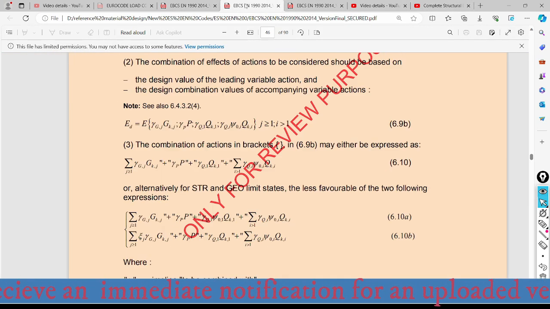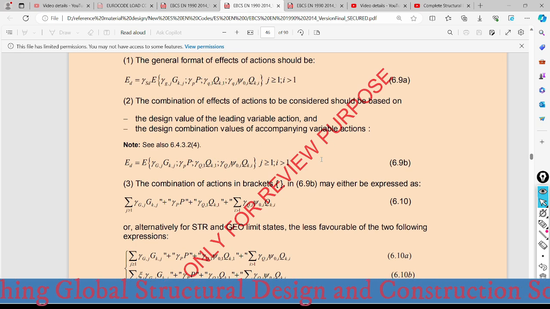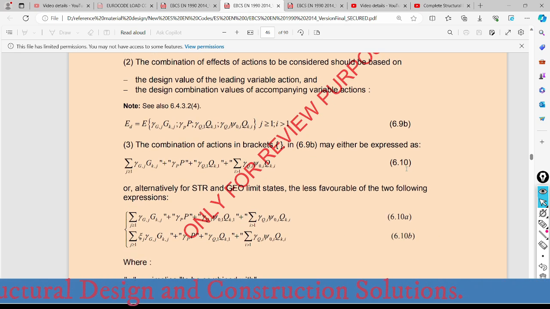Here, this is the Ethiopian Building Code of Standard, which is a similar version of the Eurocode. It has combination 6.10, combination 6.10a and combination 6.10b.